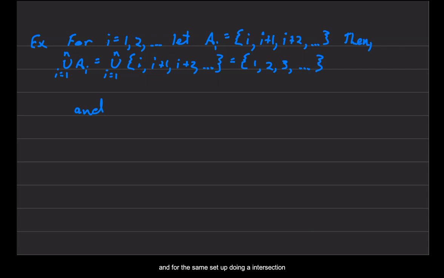And for the same setup, doing an intersection, we can go from i equals 1 to n over Ai.